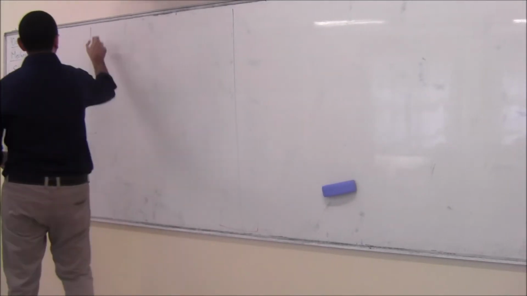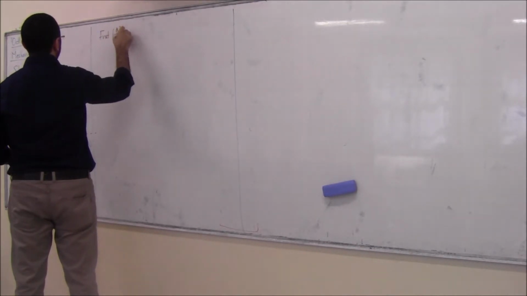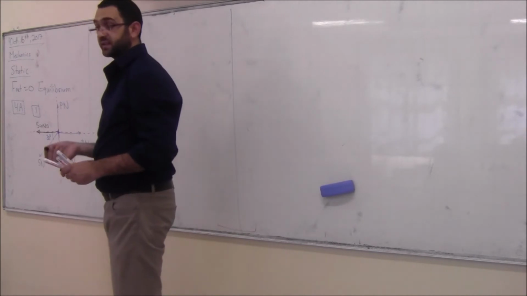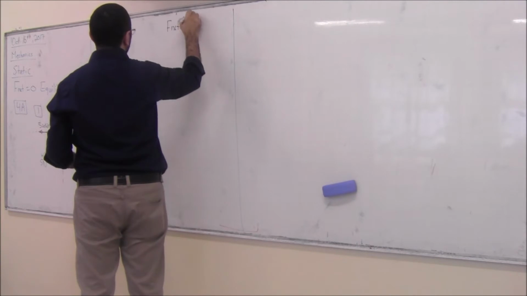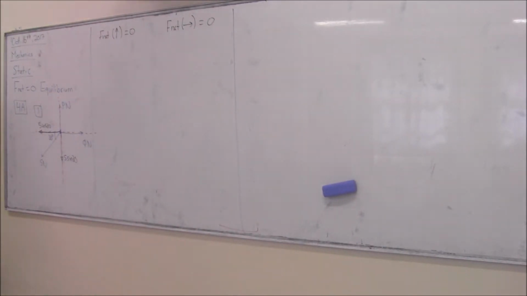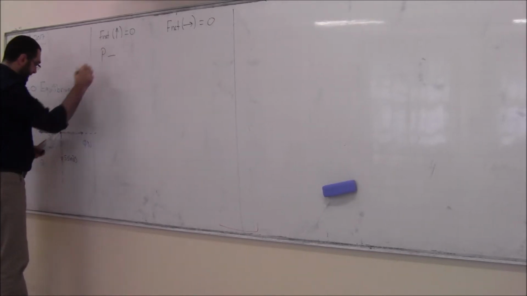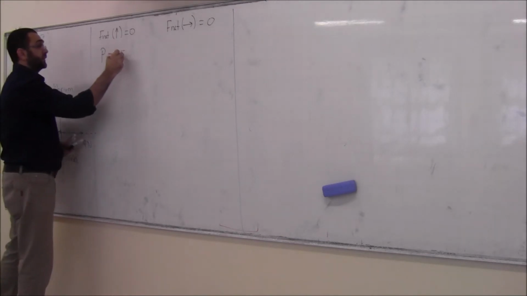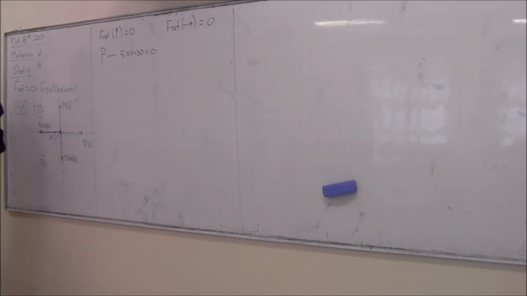So now, F net along the vertical axis is 0 because it's in equilibrium, and F net along the horizontal axis is 0. Actually, whatever the direction of the arrow, it will be the same because there is no movement. What do we have along the vertical? P minus 5 sine 30 equals 0, right?